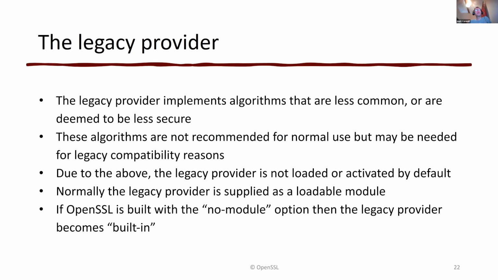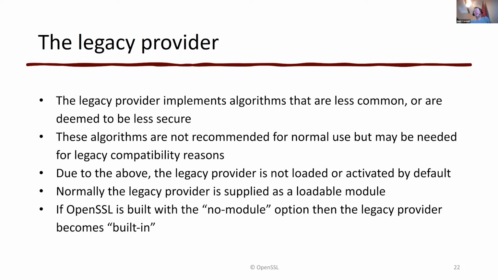So the legacy provider contains algorithms which are less common or for one reason or another are deemed to be less secure. We don't recommend these for normal use, and that's why they're separated out into a separate provider. But obviously, for compatibility reasons, you may still need to use them. So if you need to use them, then load and activate the legacy provider.